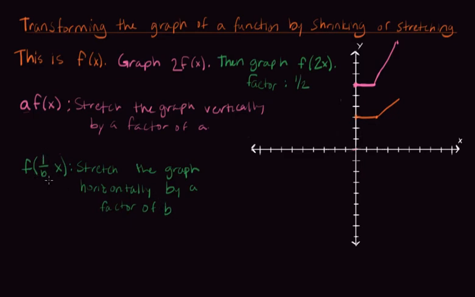So 1 over b, if it was 1/2, then we would stretch it by 2. But it's 2, so we're going to stretch it by 1/2 or shrink it by 2. So it's the reciprocal of what you would think it would be whenever it's with the x. So x is kind of always backwards of what we would think it would be. So the factor here is going to be 1/2.